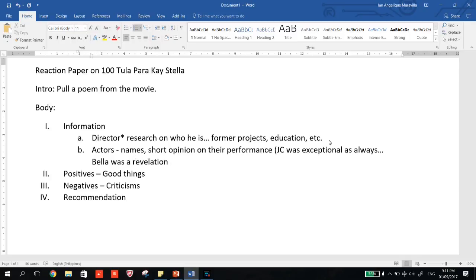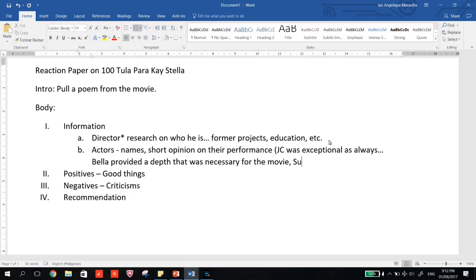Kunyari, hindi pa kayo nakanood ng pelikula ni Bella before, ganyan. Kaya, pwede rin na provided a depth, di ba? That was necessary. In the movie, for the movie.